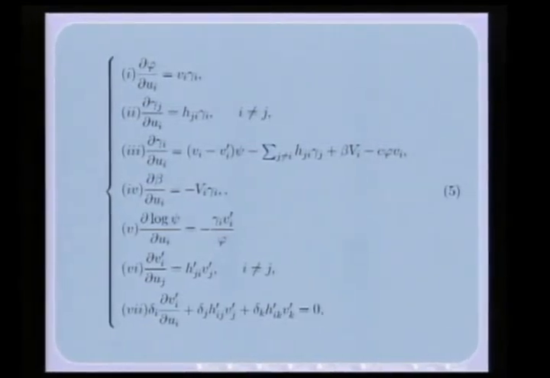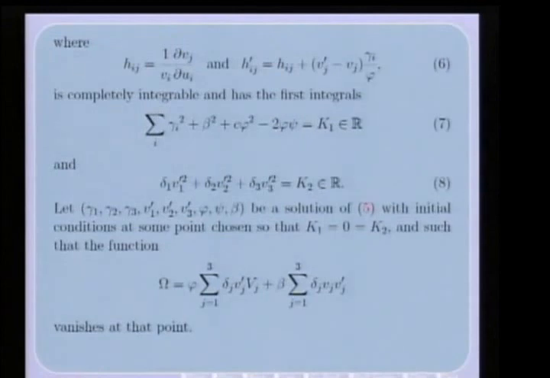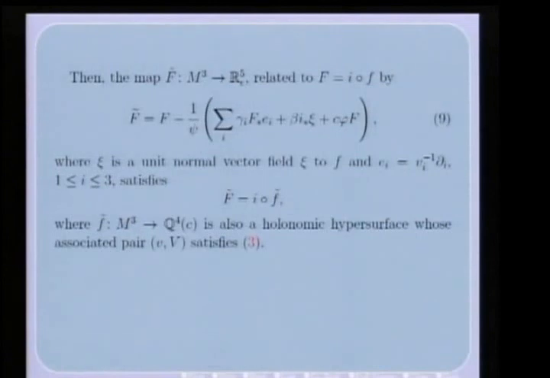But it's a linear system of PDEs, and once you have a solution of this system, it always has these 2 first integrals. And if you choose initial conditions so that the 2 constants that appear on the right-hand sides vanish, and also impose that this new function omega vanishes at that point, then you can construct a new conformally flat hypersurface with 3 distinct curvatures given explicitly in terms of the first one and the solutions of that system.